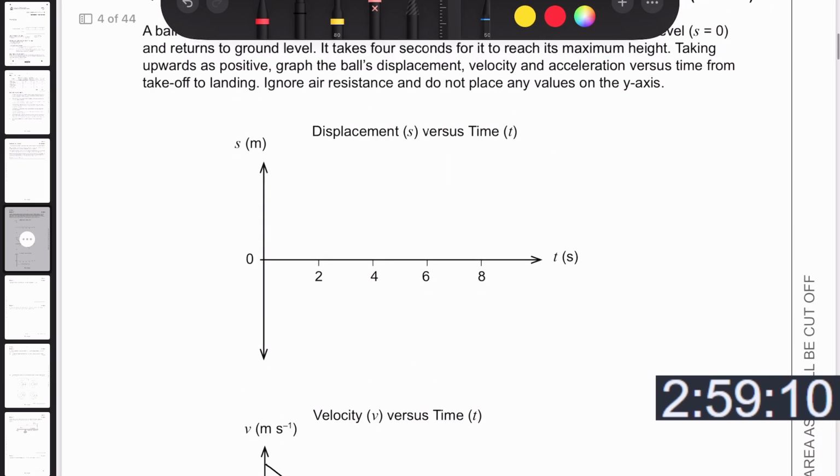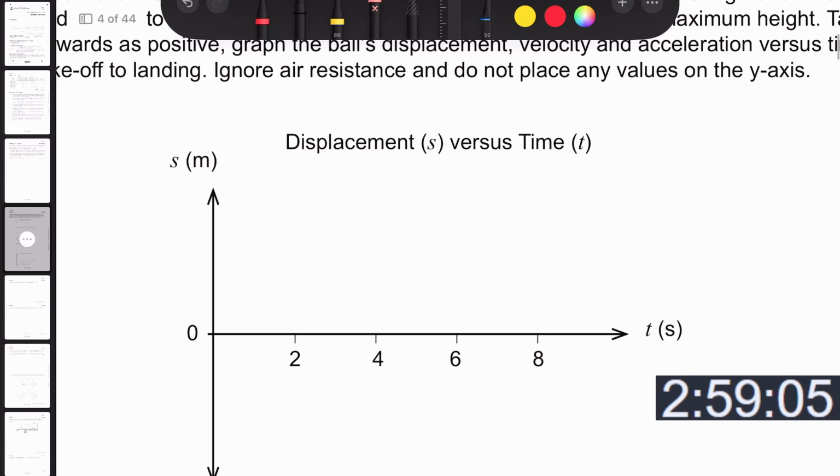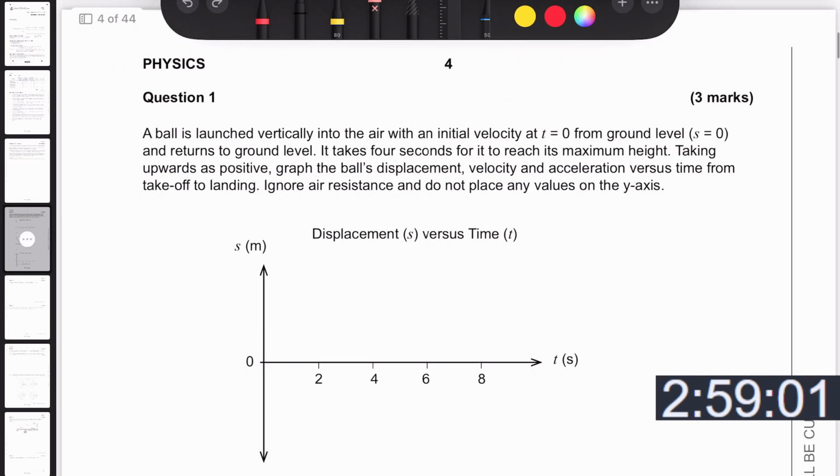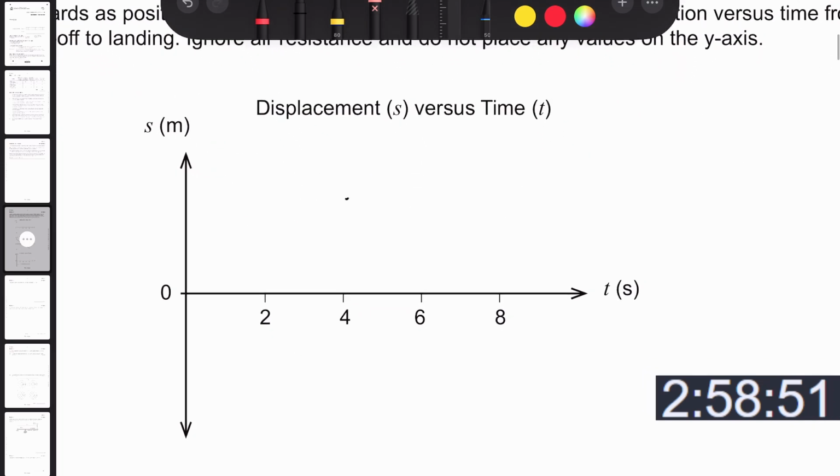And then displacement will be about there. Wait. Vertically into the air. So yeah. Maximum height at 4. And then coming back down for 8. There we go.